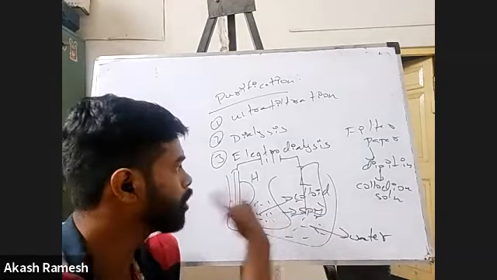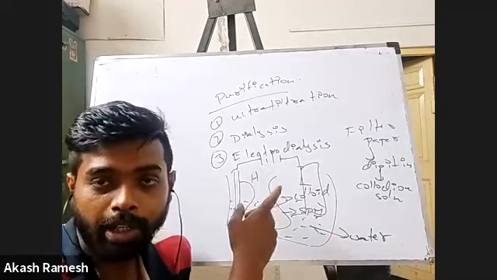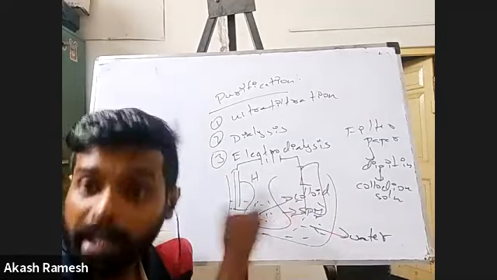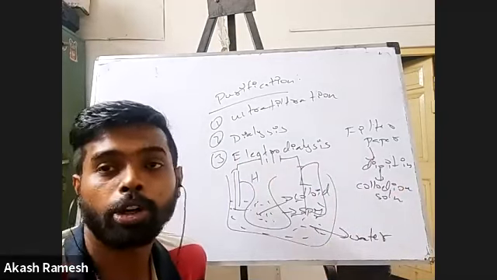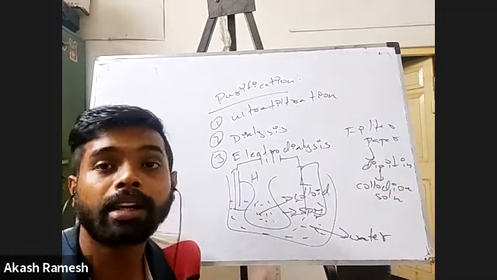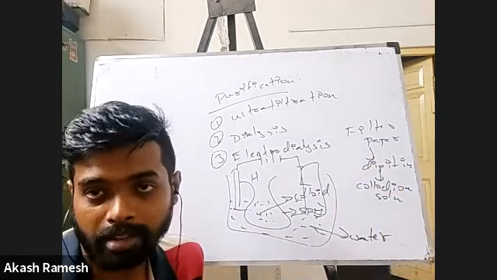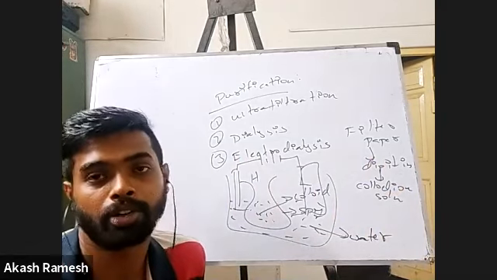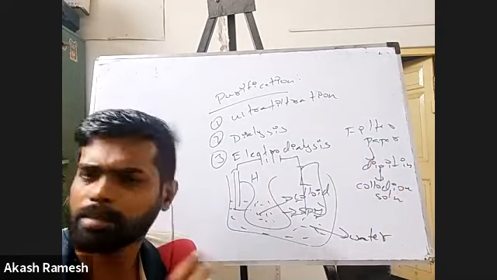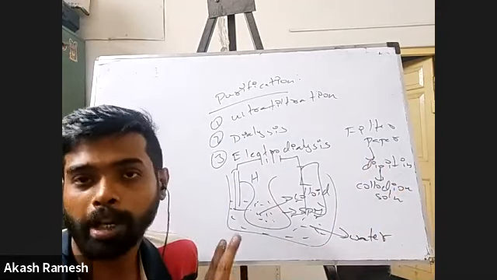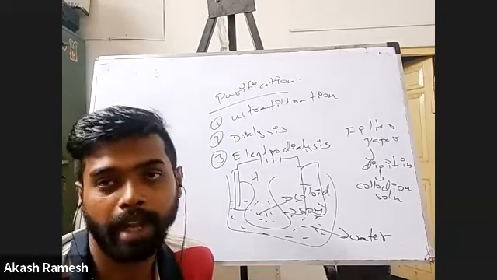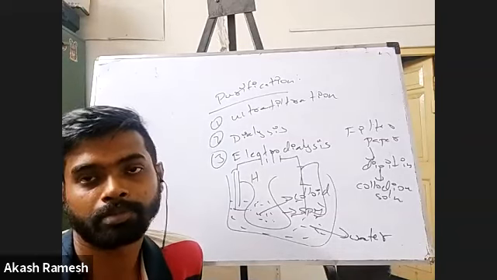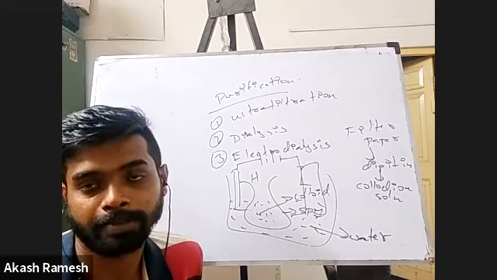If I include an electrode, the negative ions are going to move faster towards the positive electrode, and the positive ions are going to move faster towards the negative electrode. Thereby, I increase the speed at which the dialysis happens, and that's why we go for electrodialysis. Very simple, a similar mechanism. Just by putting 2 electrodes in the solution, you increase the rate of dialysis. That is what is called electrodialysis.